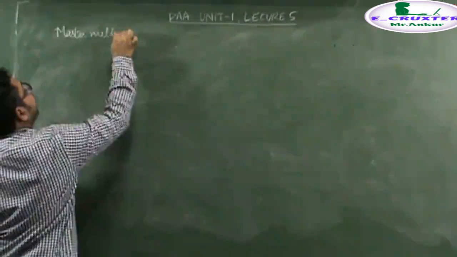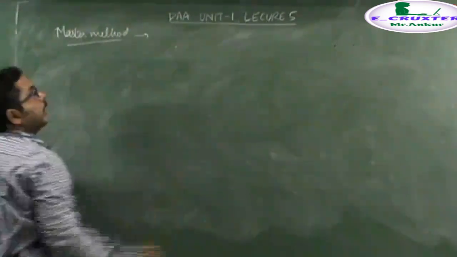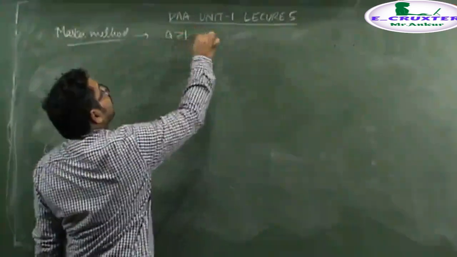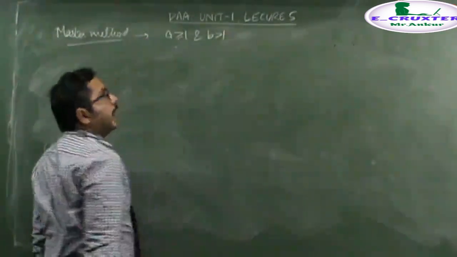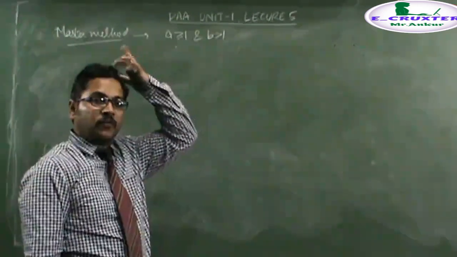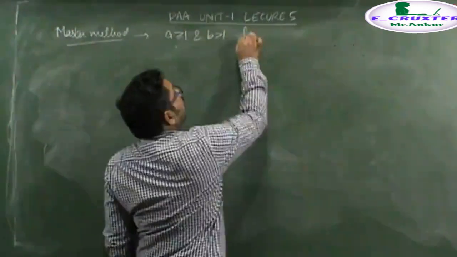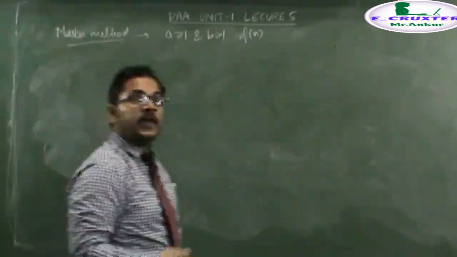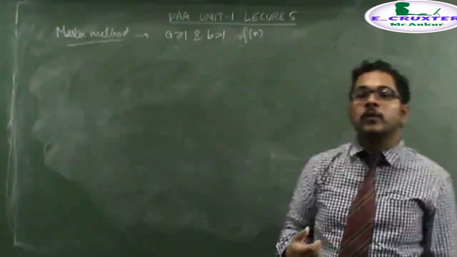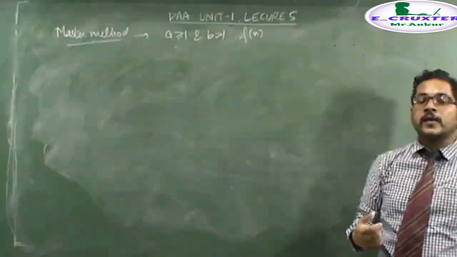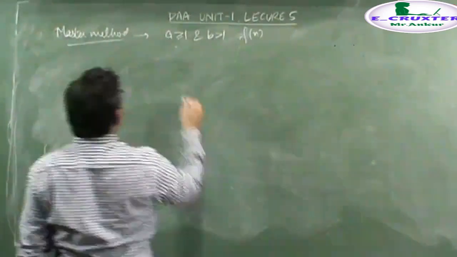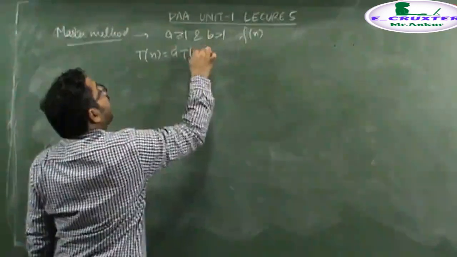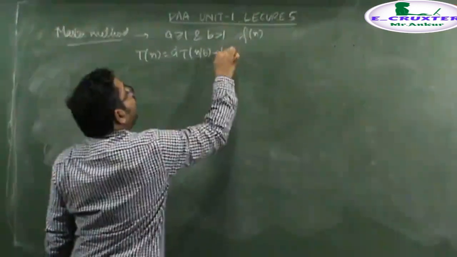In the master method, we are saying that if we have constants, let's say a is greater than or equal to 1 and b is greater than 1, and let f(n) be a function, and let T(n), that is the running time of the input, be defined on non-negative integers by the recurrence equation of the form T(n) = aT(n/b) + f(n).